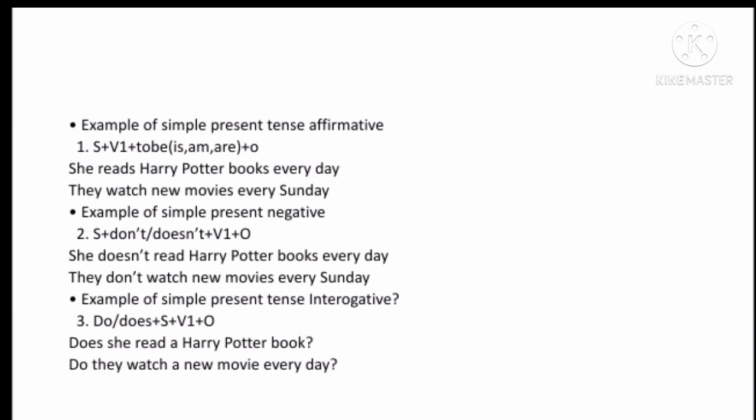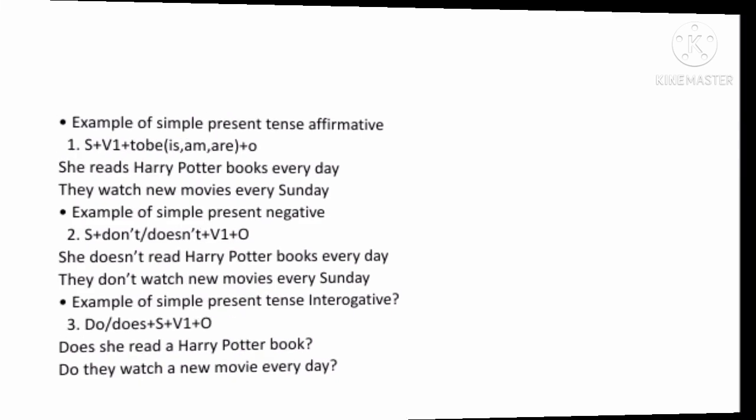Example sentences, simple present tense interrogative. Pattern: do or does plus subject plus verb 1 plus object. 1. Does she read a Harry Potter book? 2. Do they watch a new movie every day?